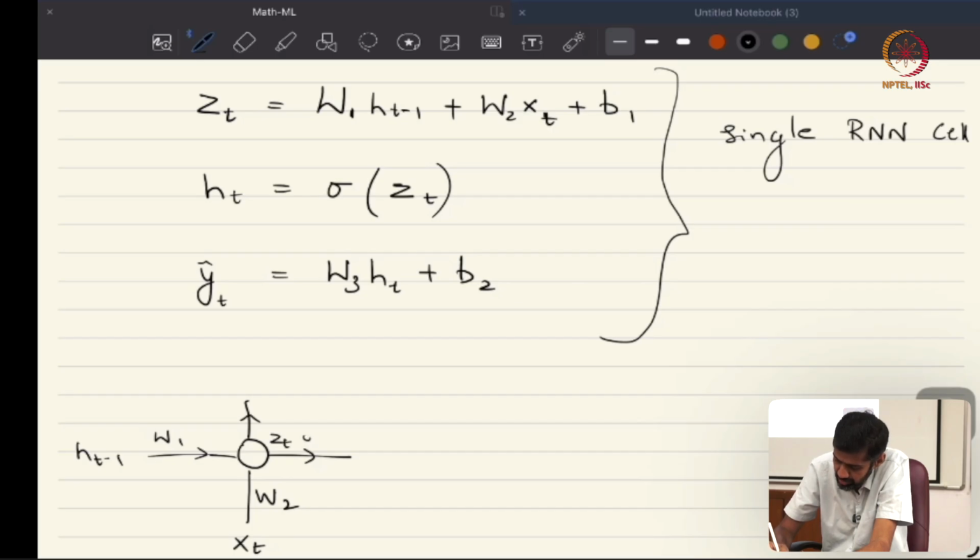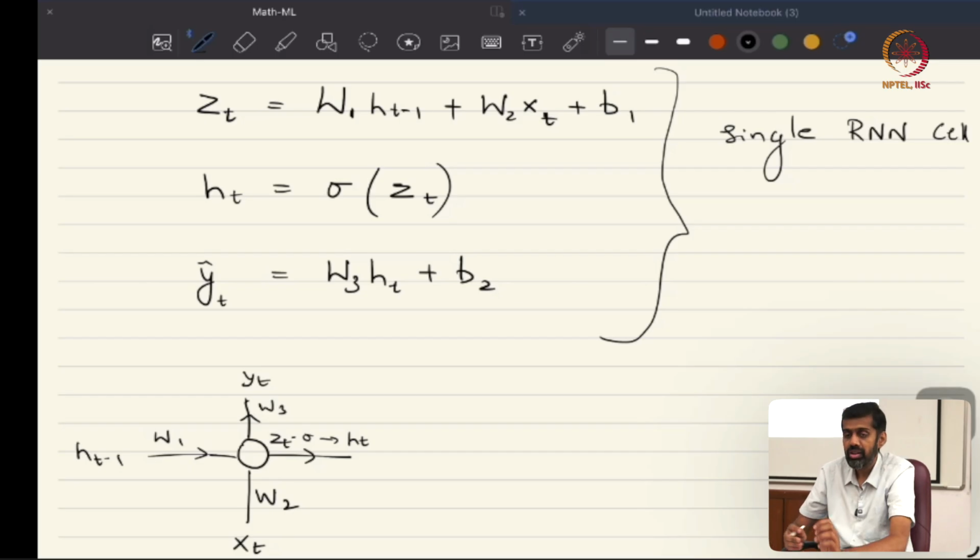So sigma will give you HT. HT is what goes out, and this is YT, and we have W3 here. This is one RNN cell. Whatever I have written using math, I have just written as a diagram. Is this okay?